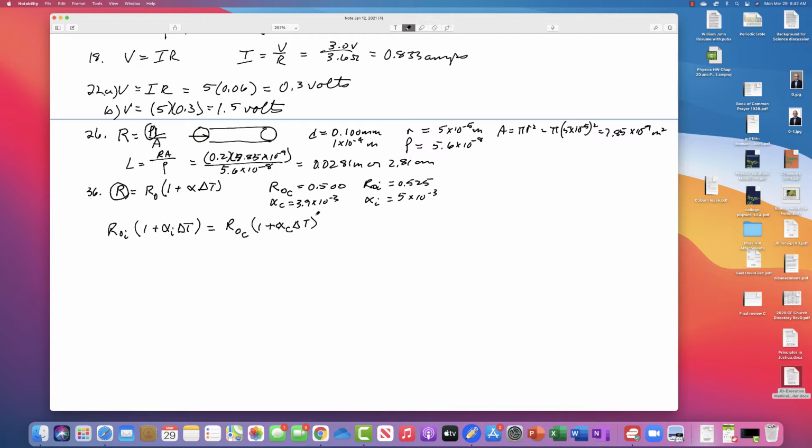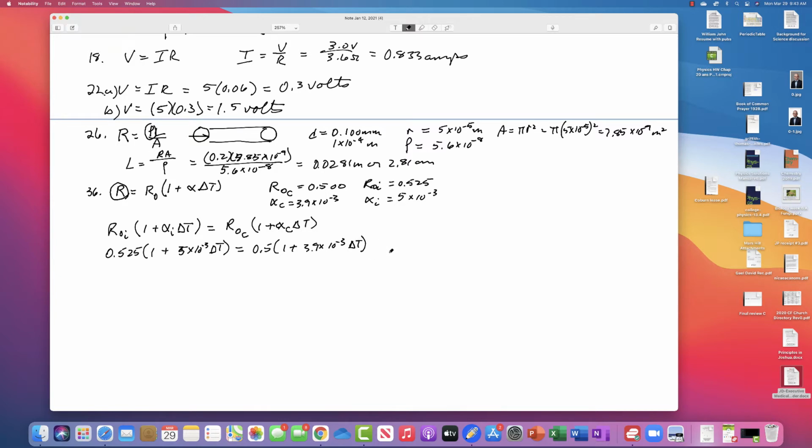If you put these numbers in, you have 0.525 times 1 plus 5 times 10 to the minus 3 delta T is equal to 0.5 times 1 plus 3.9 times 10 to the minus 3 delta T. And these delta T's are the same, okay?